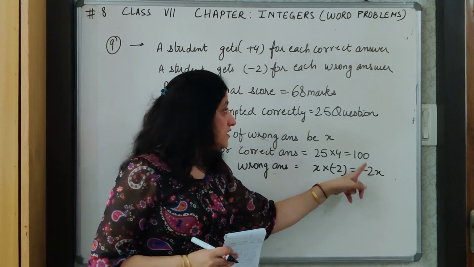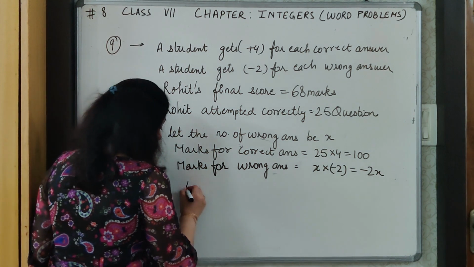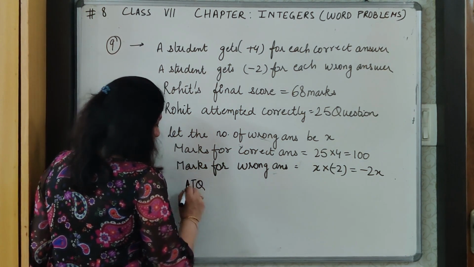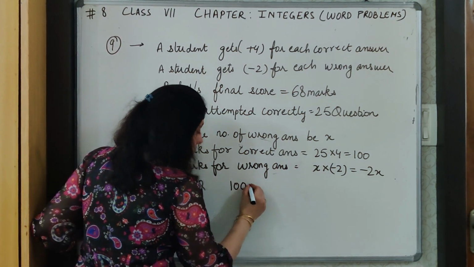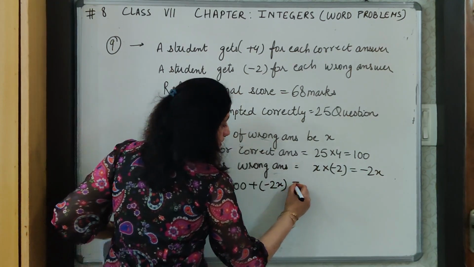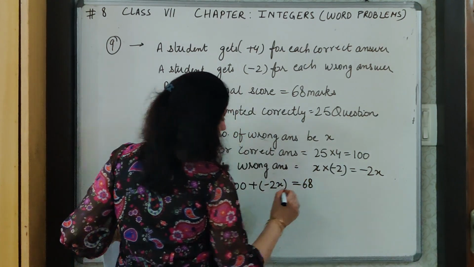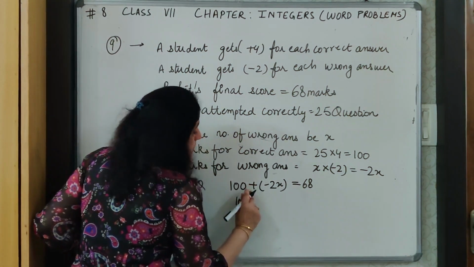So if I add these two, it should be equal to 68. We write here ATQ, which means according to the question: 100 plus -2x is equal to 68.